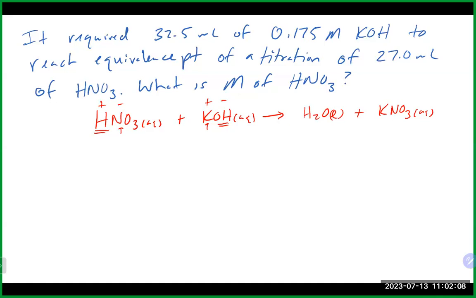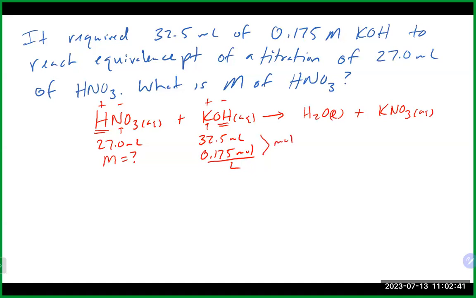The next thing we want to do is analyze what type of problem we're dealing with. We do know that we have 32.5 milliliters of the 0.175, and I'm going to convert it into moles per liter, the molarity. We do know for the nitric acid, we have 27 milliliters, and we are looking for the molarity in this case. So the only thing that we could get to moles from is the KOH, which means it is not a limiting reagent problem.